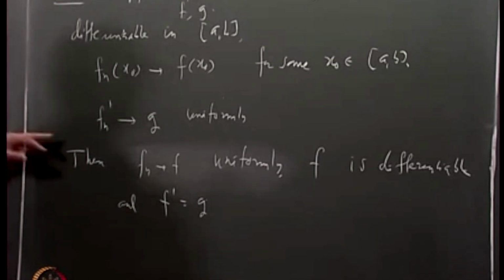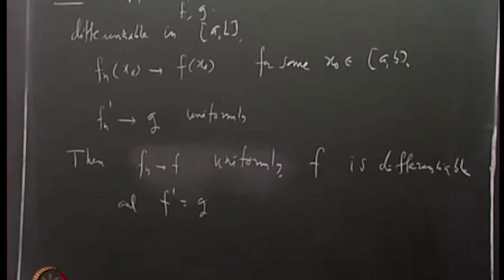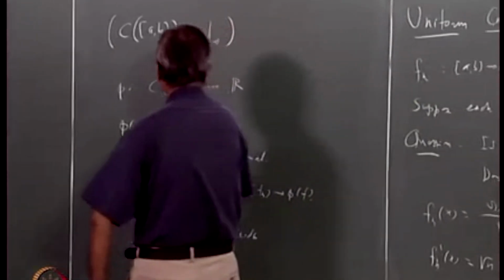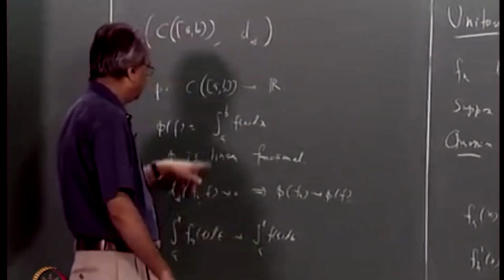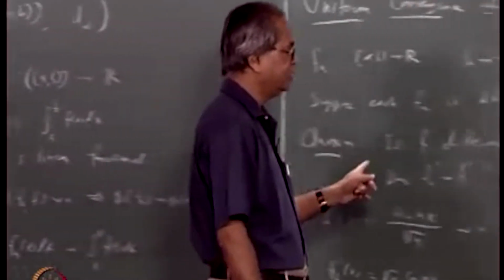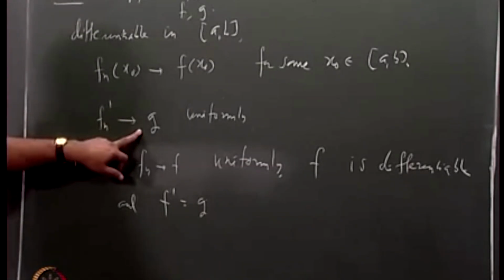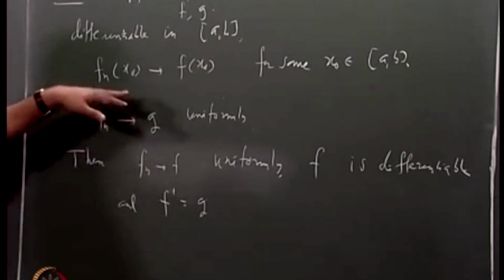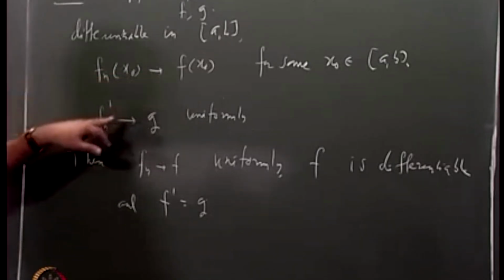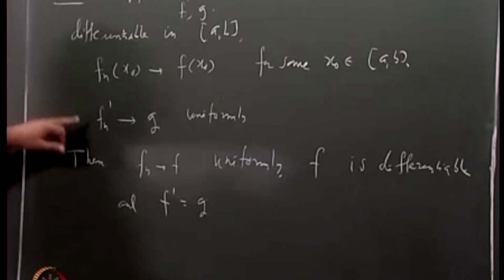Because of the earlier theorem, we have seen that upper limit and lower limit can be anything, so by this theorem the integral of fn prime(t) dt will converge to the integral of g(t) dt. Then it is easy to show that the integral of fn prime from x naught to x is nothing but fn(x) minus fn(x naught).